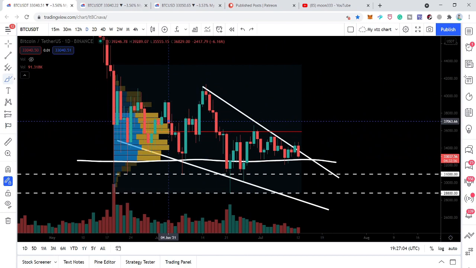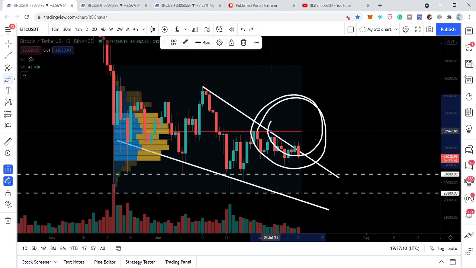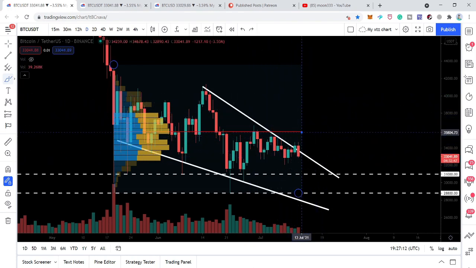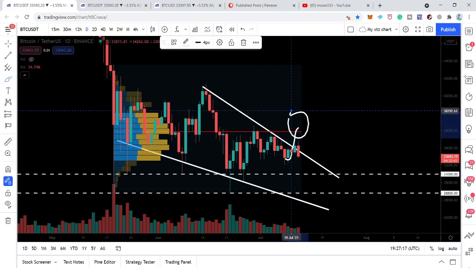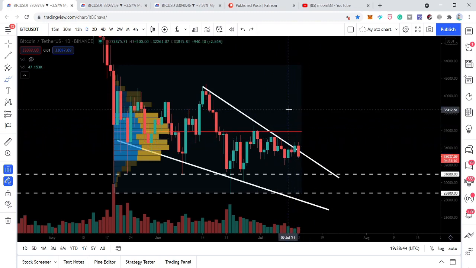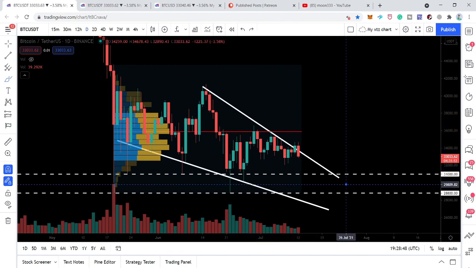So this time the point of control of the volume profile is above the resistance of this falling wedge. Therefore, if the price action moves towards this point of control, then it can also break out this resistance of the falling wedge. But we will need a volume, like we had a powerful buying volume here, or we also had the sell volume here.